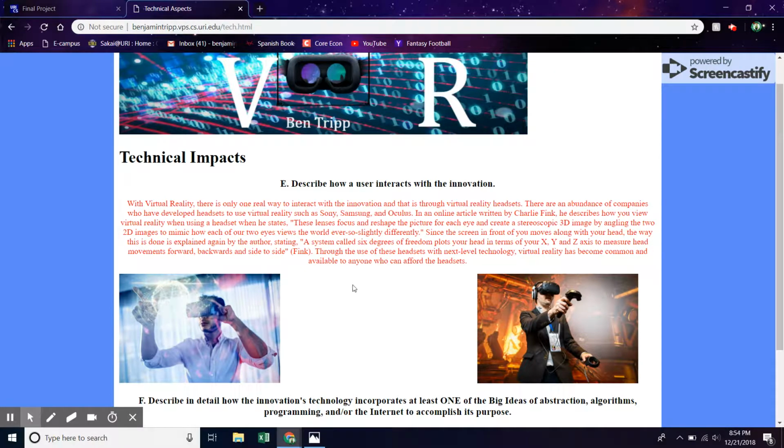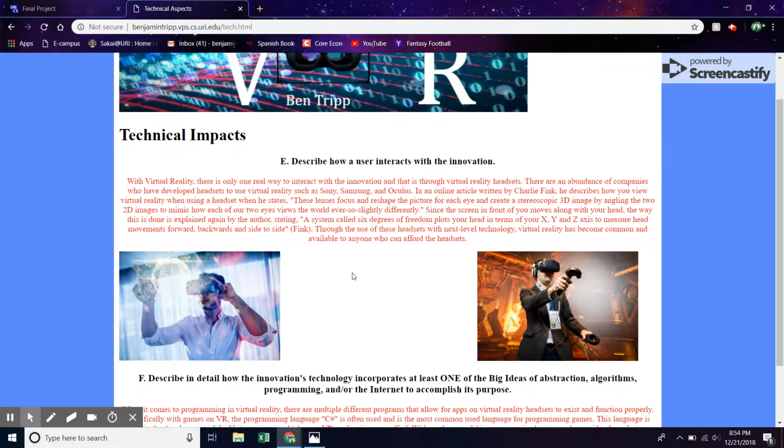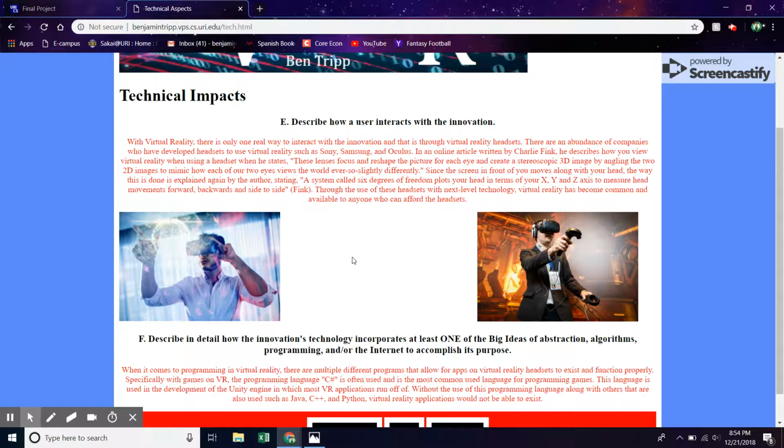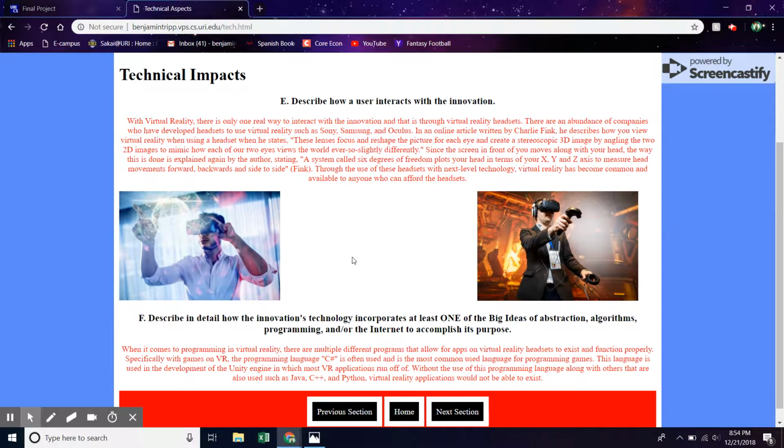So with all this technology, the image that we see from virtual reality can alter using our head movements and also our eye movements. So that's pretty much how you interact with a virtual reality headset.